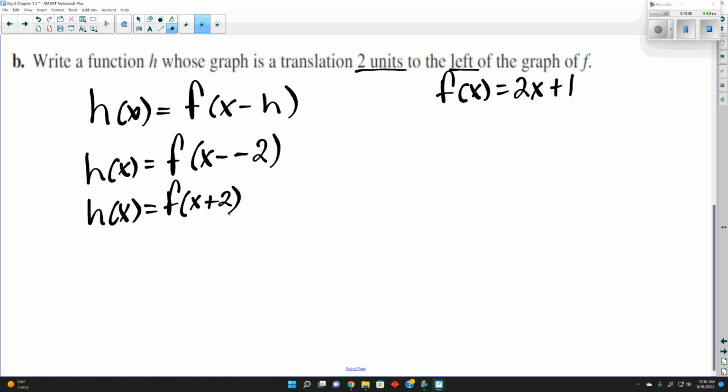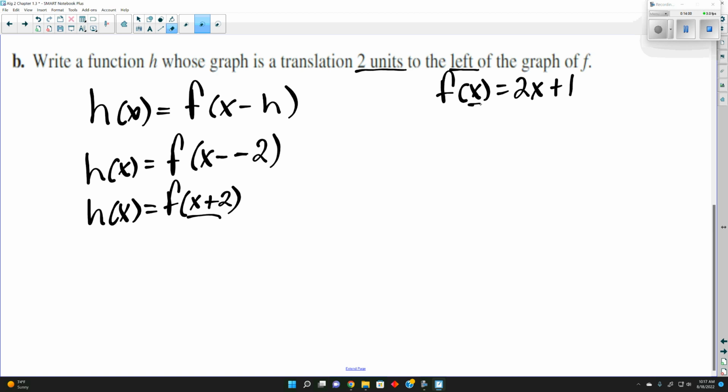Now, any questions on this so far before we do the last step and simplify? So, looking at this here, do I have f of x anymore? No, I have what? F of x plus 2, yes? So our normal function f of x is 2x plus 1. I don't have f of x.